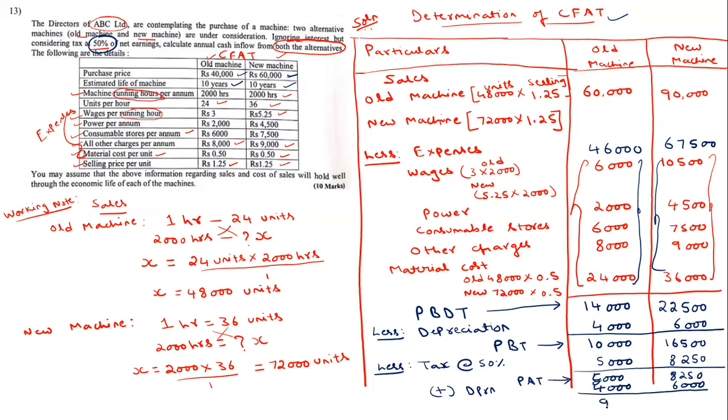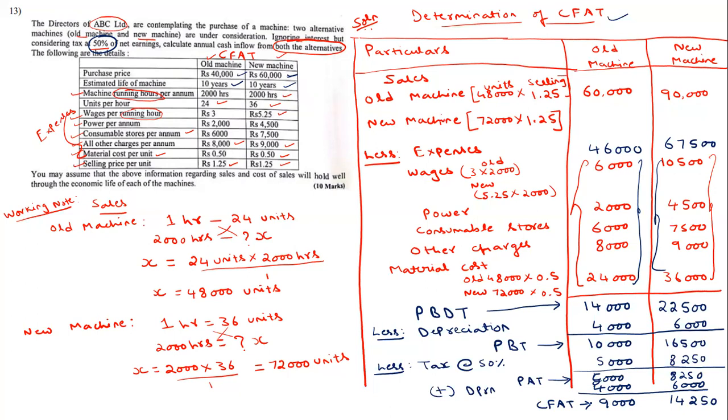And that cash flow after tax happens to be 9,000 for the old machine and 14,250 for the new machine. What is this? This is the CFAT, cash flow after tax. 9,000 and 14,250 for the new machine.